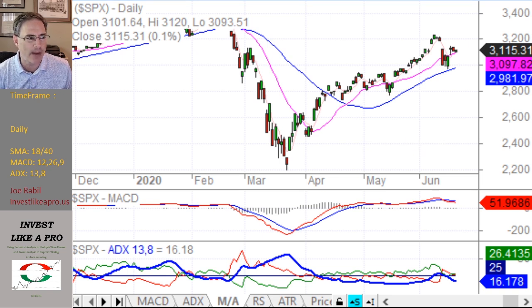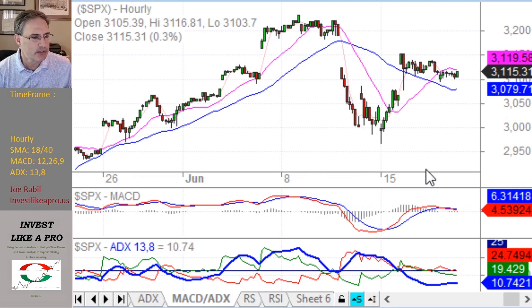If you notice what happened on the hourly, once again, the red DI, let me switch over to the hourly. So once price started to rally, the red DI just kind of ducked down below 25, and both lines have been kind of crisscrossing around this 25 level without either one really having control.